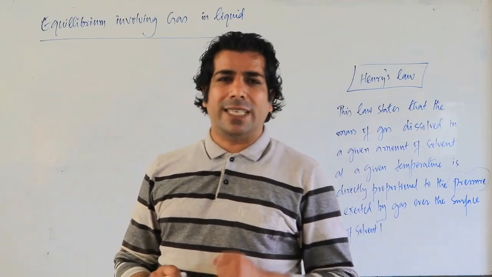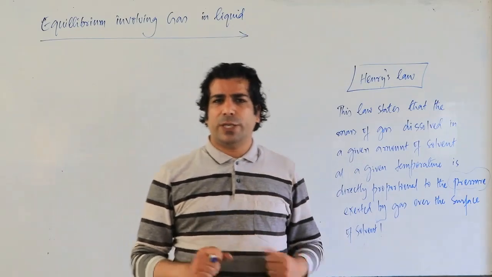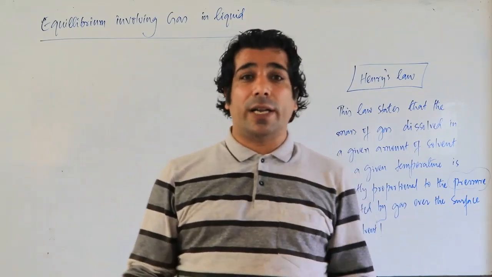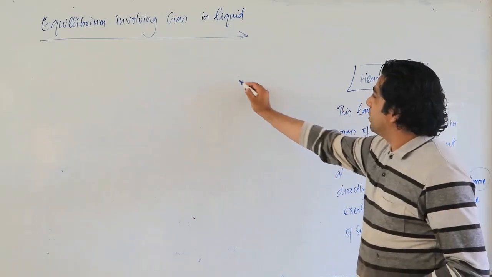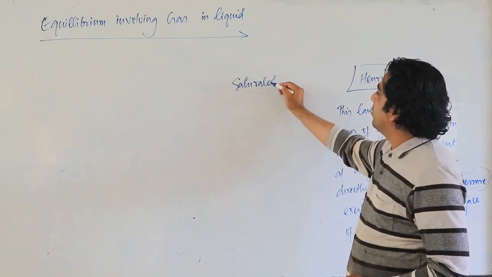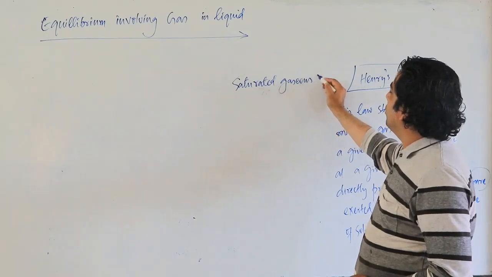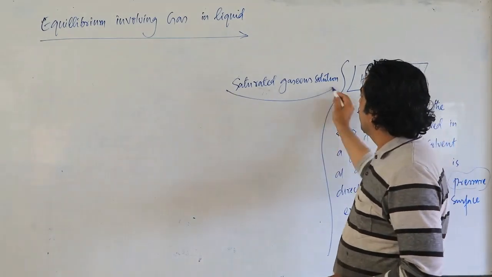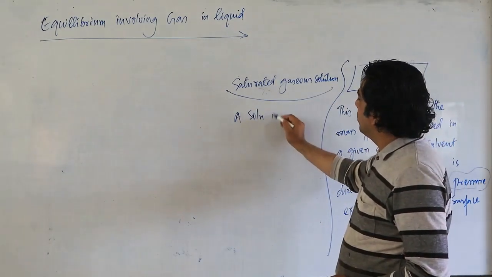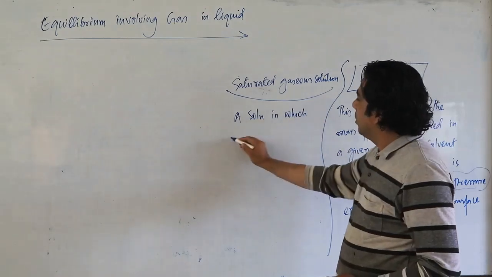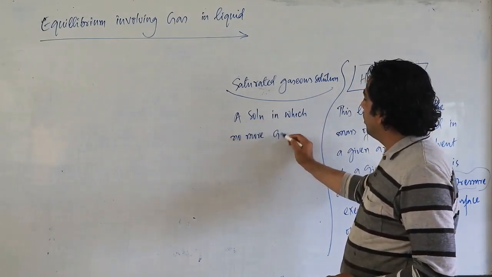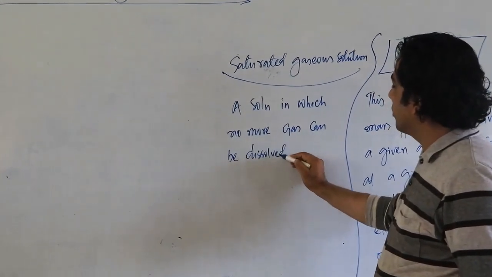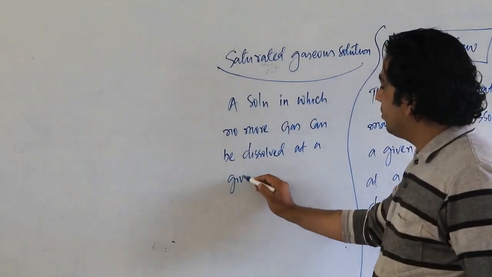So what I am going to do here is take a saturated gaseous solution. Saturated gaseous solution means a solution in which no more gas can be dissolved at a given temperature. So I will take, let us suppose here, a saturated gaseous solution: a solution in which no more gas can be dissolved at a given temperature.